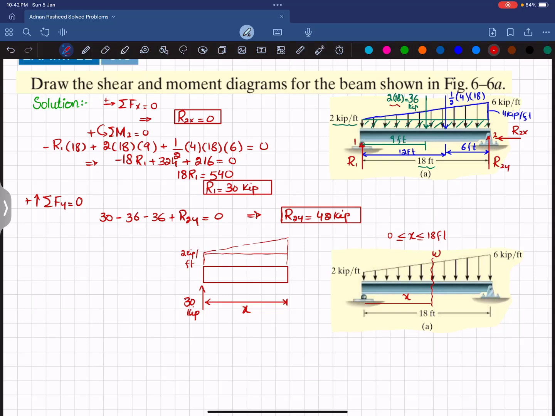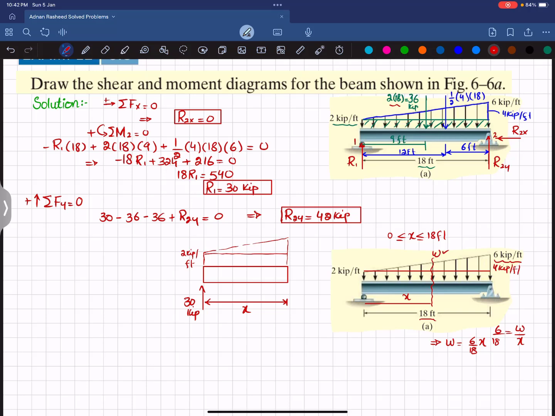And what about the distributed load over here? Since we have 6 feet, or a length of 18, if I take 6 divided by 18, that will be equal to W divided by X. So from here we will get W is equal to 6 by 18 multiplied by X. Okay, not 6, sorry. The remaining was 4 kips, so correct it.